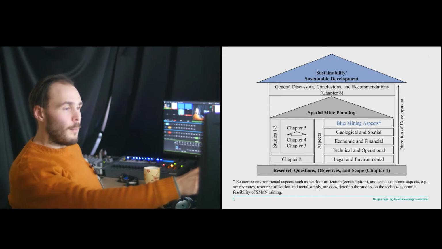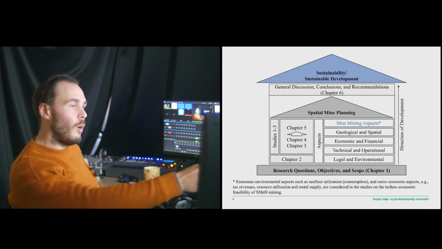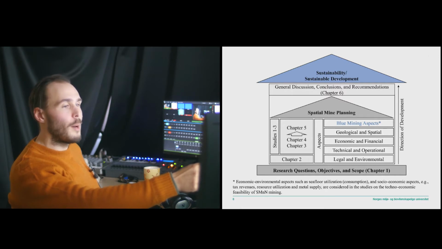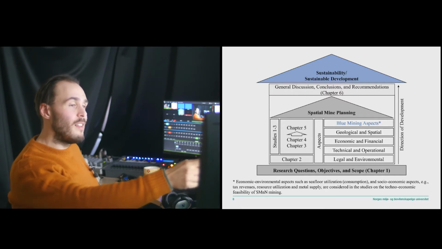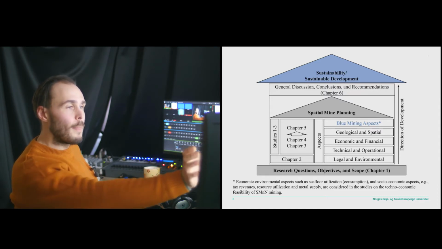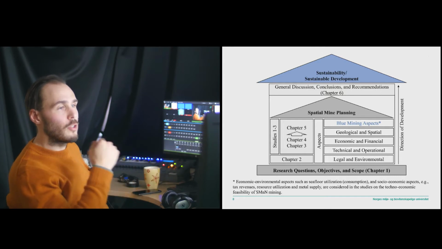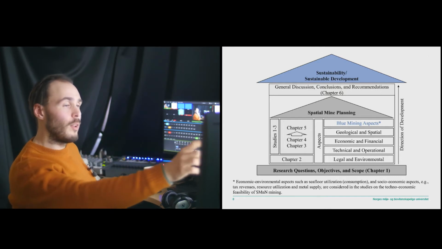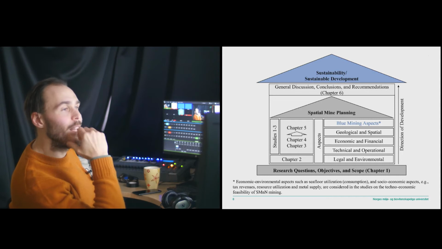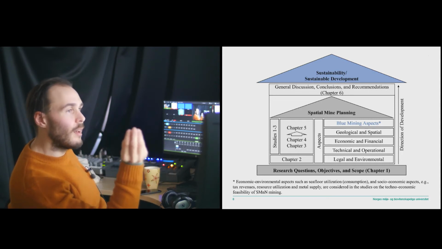So chapter 2 is relatively fundamental, and then it leads into studies 1, 2, 3, which make up chapter 3 and all the way to chapter 5, which deals with these different aspects. It ends up with blue mining aspects, and then that leads into spatial mining, mine planning, and then into the general discussion, the conclusion, and this one is important. It says something about recommendations, and that will probably lead into sustainability and sustainable development.